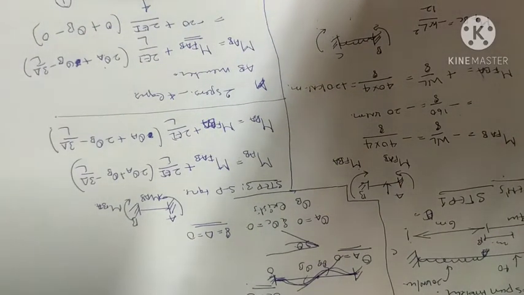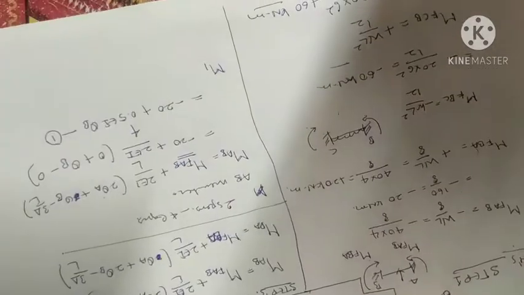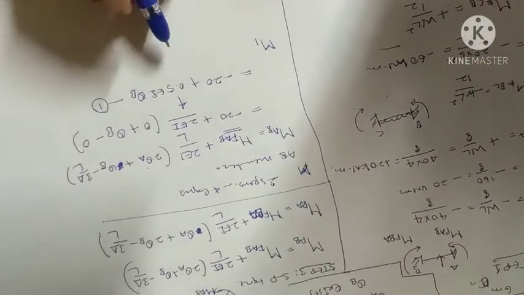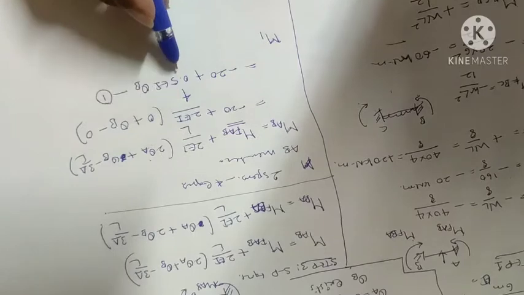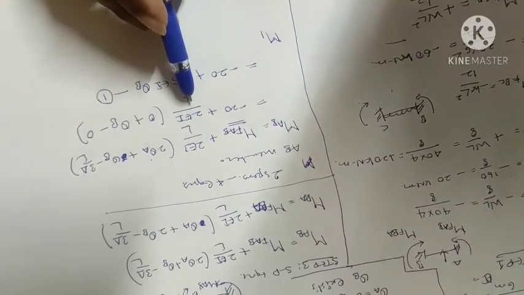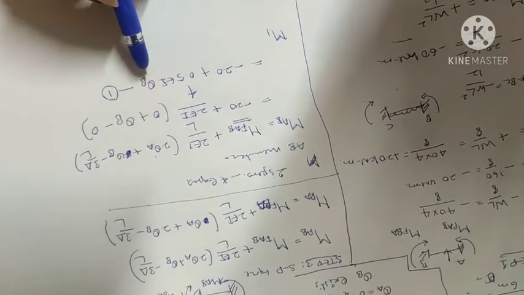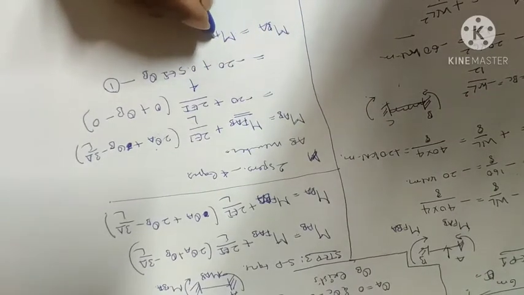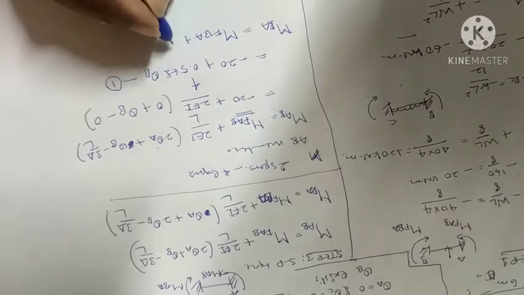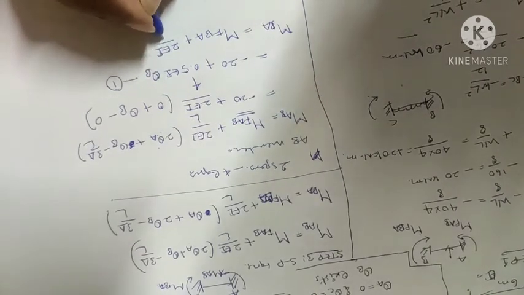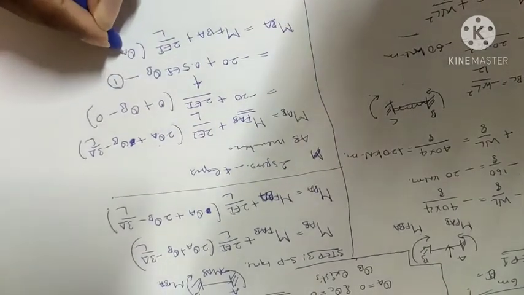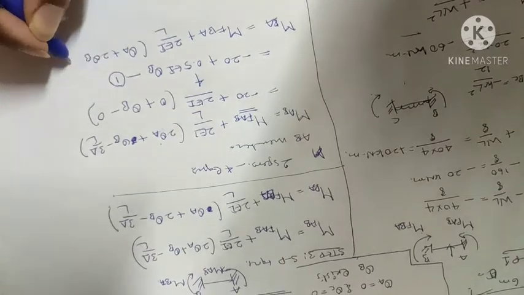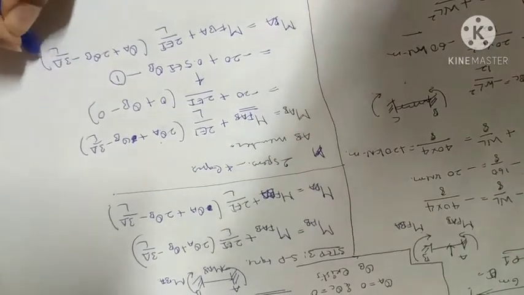Now MBA is MFBA plus 2EI by length, theta A plus 2 theta B, minus 3 delta by length.